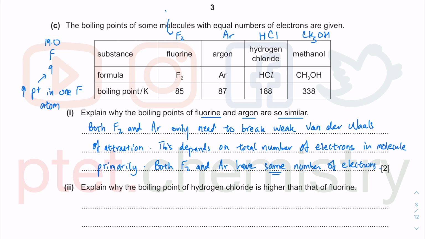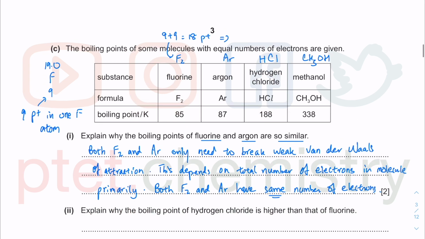So you have 9 plus 9, which is 18 protons, but because the molecule has no charge, therefore you will also have 18 electrons. And then you look at argon, which definitely has 18 electrons. You can do the 2, 8, 8 configuration like what you did in secondary school: 2 in the first shell, 8 in the second shell, 8 in the third shell. So 2 plus 8 is 10, 10 plus 8 is 18, 18 electrons.